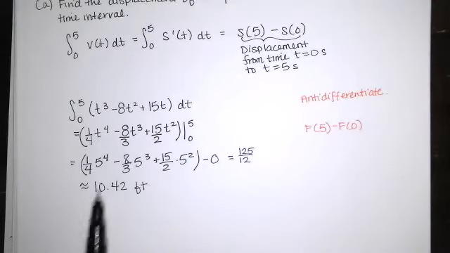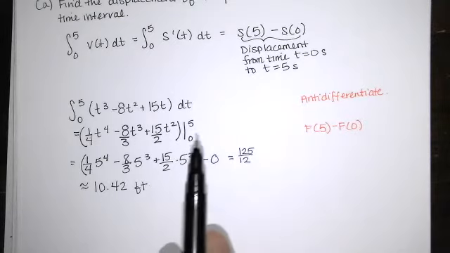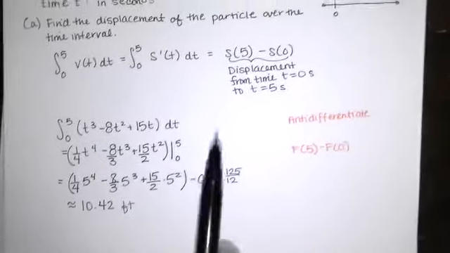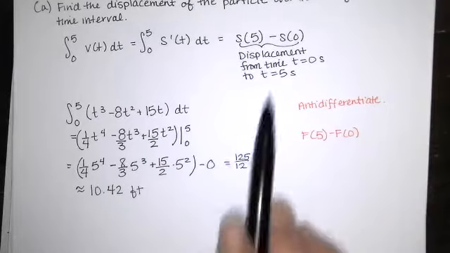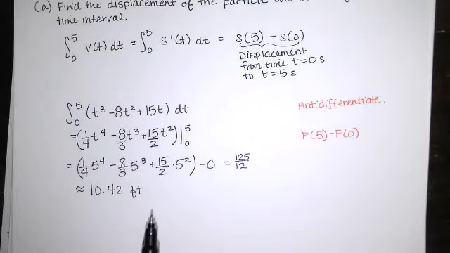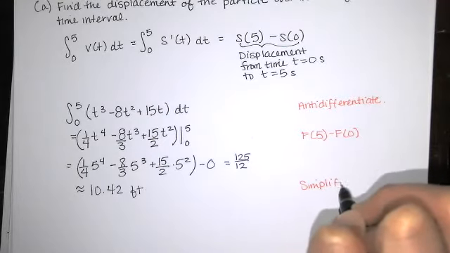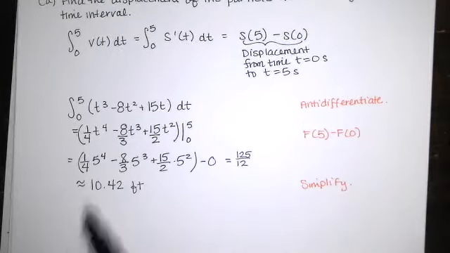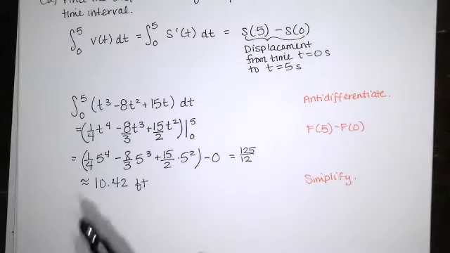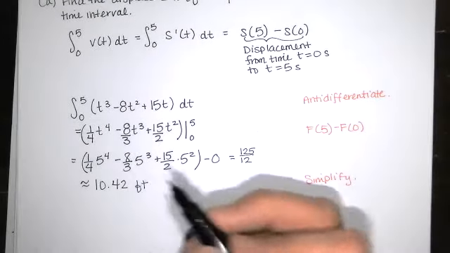So this is not distance traveled. This is just change in position. Yeah, so this is just change in position over that time interval. Okay, so we simplify. And we've got the displacement of the particle over the time interval is 10.42 feet.